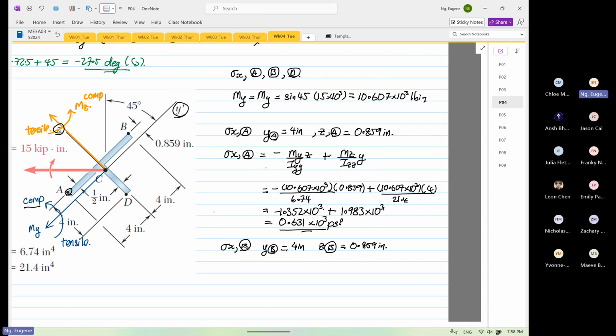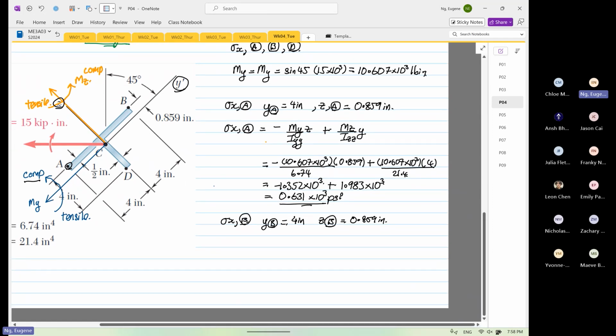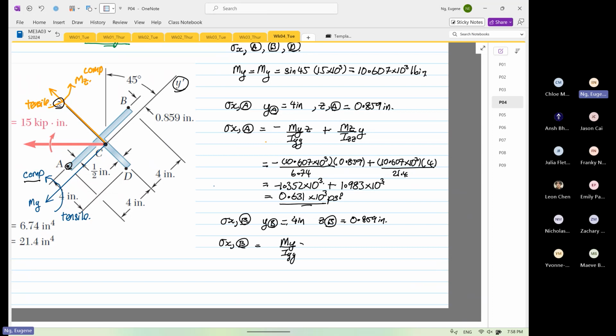So you realize that the Y and Z are the same, but what is different is this, okay? So stress X at point B is equal to My over Iyy multiplied by Z, and you have Mz over Izz multiplied by Y. So the difference is this.